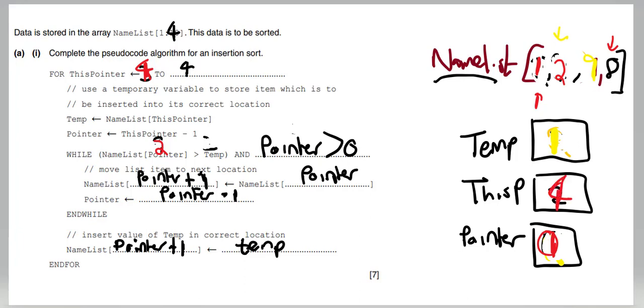I haven't done that at all this demonstration, but never mind. Nameless this pointer, which is the number 8, will go into temp. So number 8 will go into temp. And then we're going to take away, so this pointer, minus 1, which will be 3, will go into pointer. So this will be the number 3.